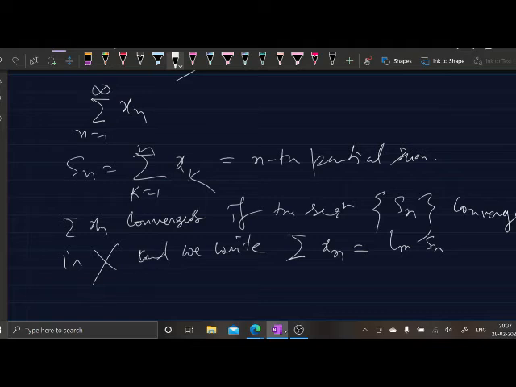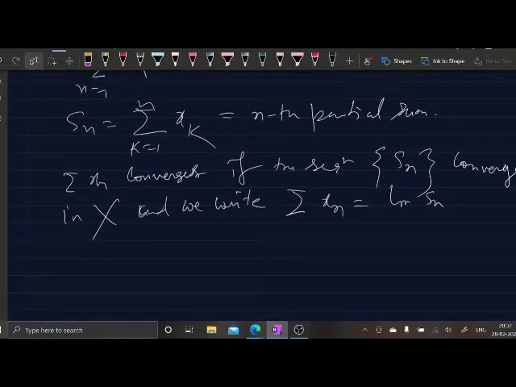Okay. And what do you mean by an absolutely convergent series in a normed linear space? A series is said to be absolutely convergent if the series summation norm of xn is convergent in the set of reals.